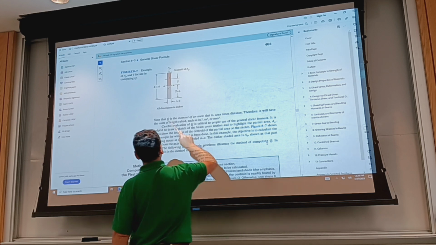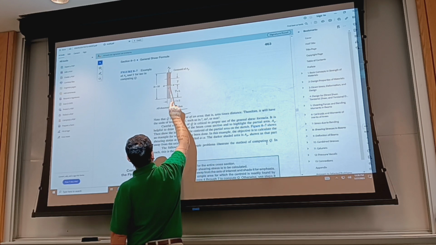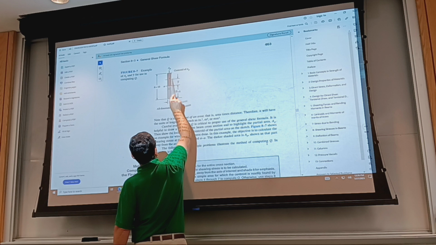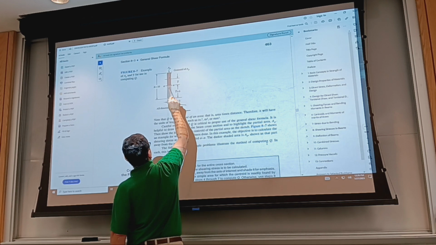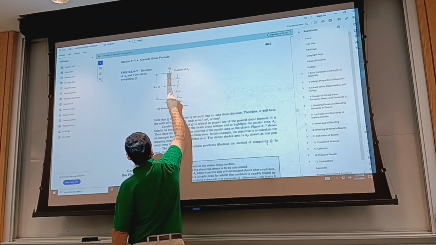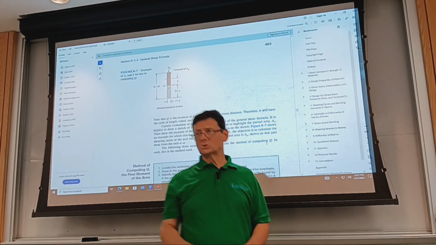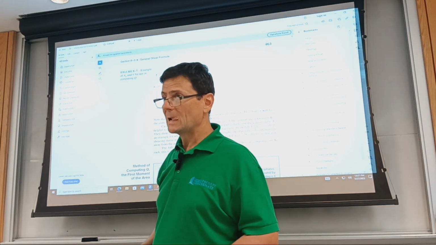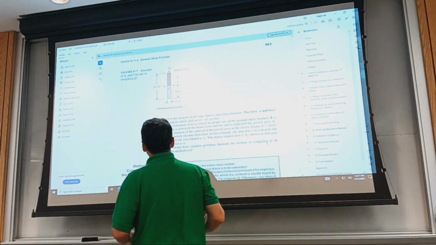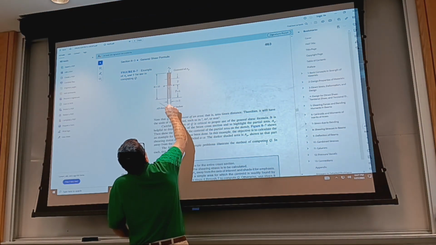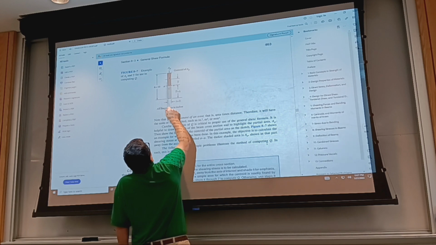So that capital Q is calculated as this area times the distance between the centroid of the entire cross section and the centroid of the portion of the beam that I'm delimiting. Does it make sense?